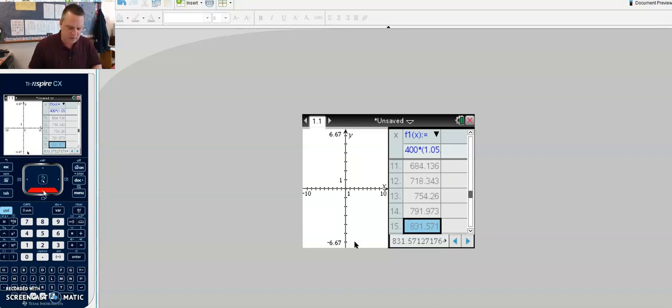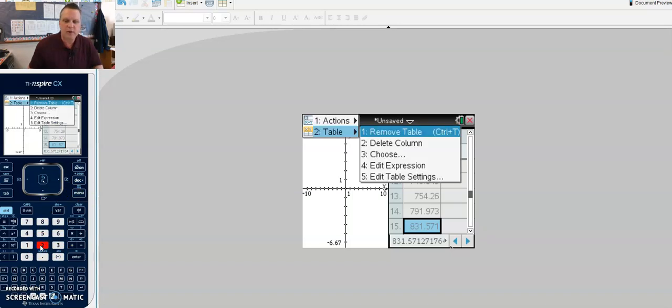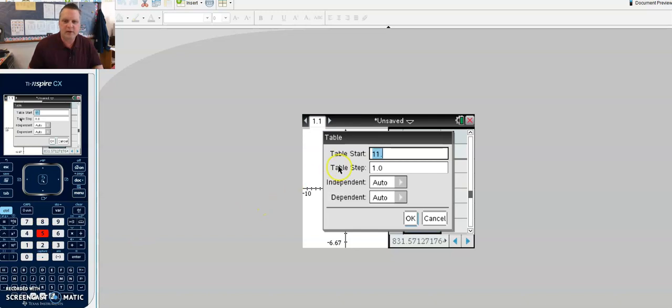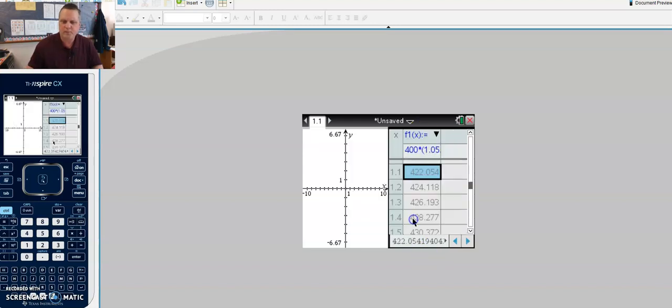If it says to the nearest year, what we need to do here is edit table: menu, table, edit table settings. We're going to do the table step by the 10th, because we want to round to the nearest 10th. Table start, we're going to start at 1, and then we're going to OK it.